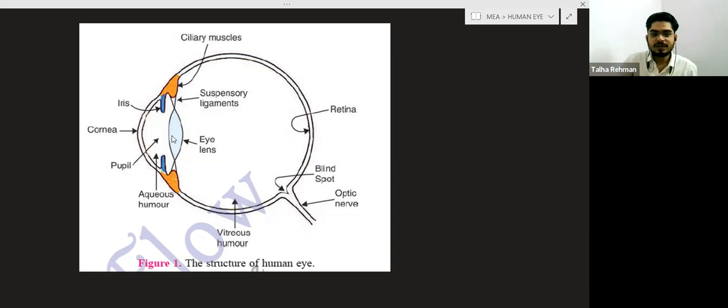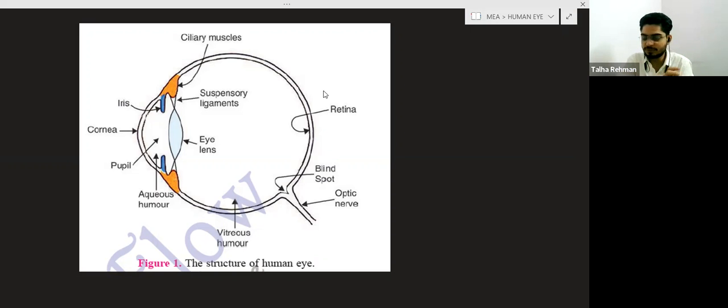So basically, here in our eye, the focal length of the lens can be changed. Okay, and after that we have this interior part. This part is the retina. Retina is just like the screen of your laptop or the film of your camera.